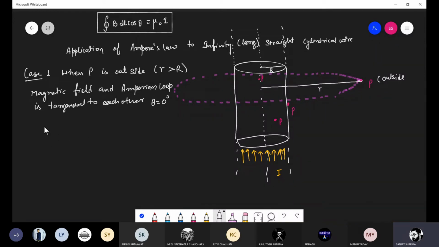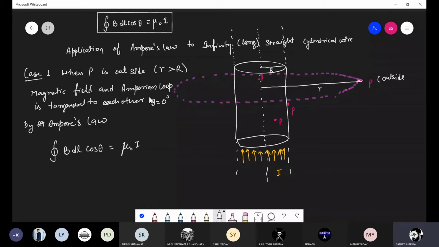Okay, so by applying Ampere's law, that is closed integration of B dl cos theta is equal to mu naught I. And what is the amount of current? That is the total I amount of current threading through the loop. ठीक है ना?